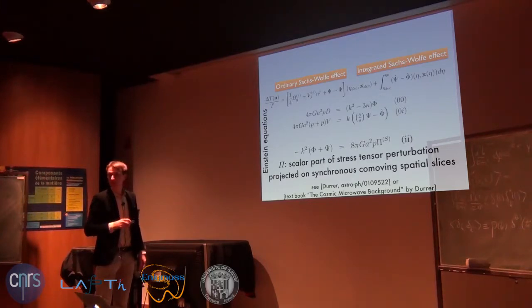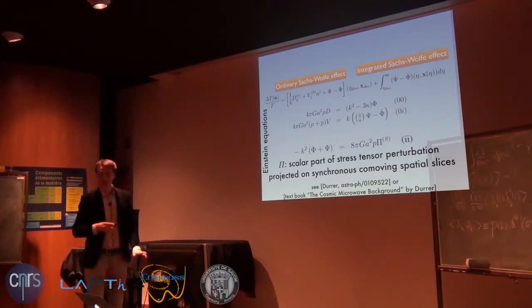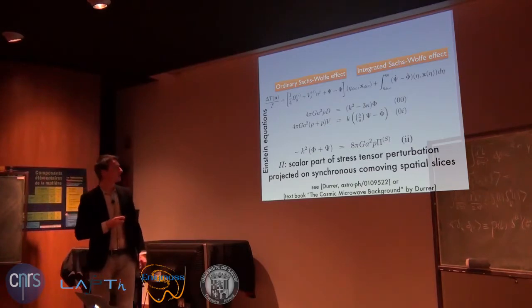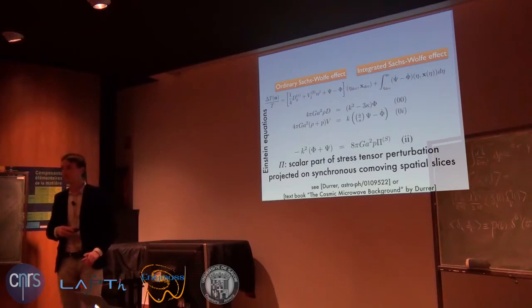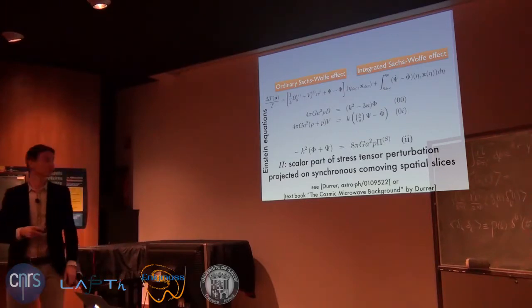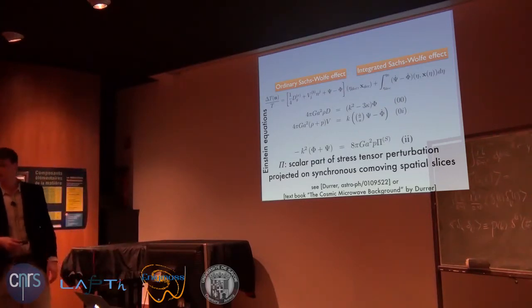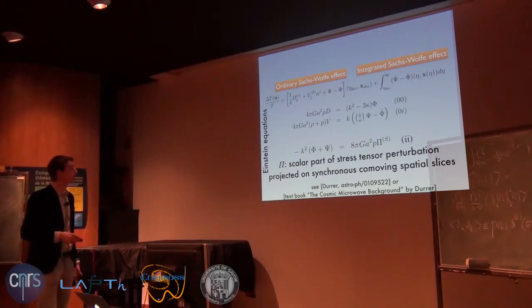Phi is the perturbation in the metric, and that's the gravitational potential. And so is psi. And I already told you that for perfect fluids, phi and psi are equal to each other with opposite sign. So phi minus psi is equal to 2 phi.